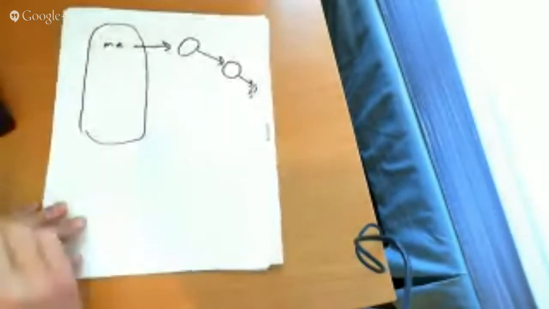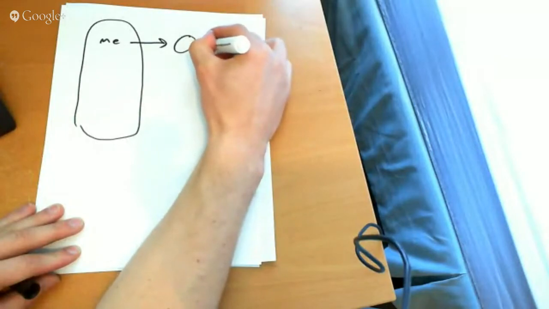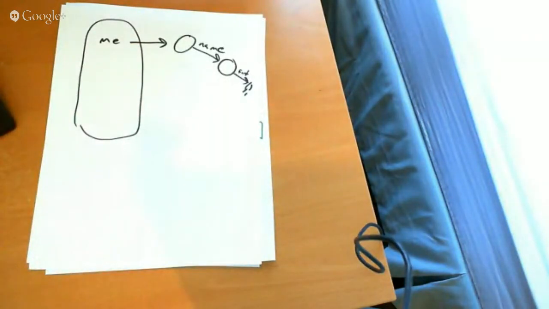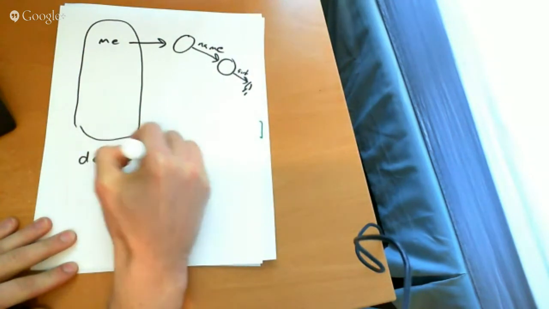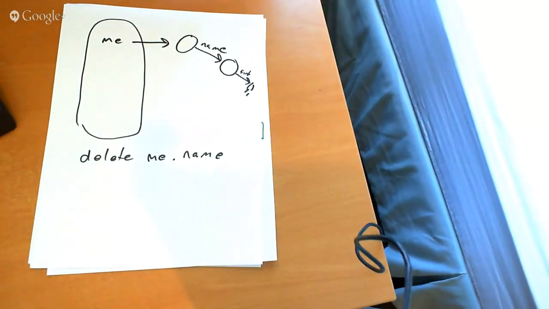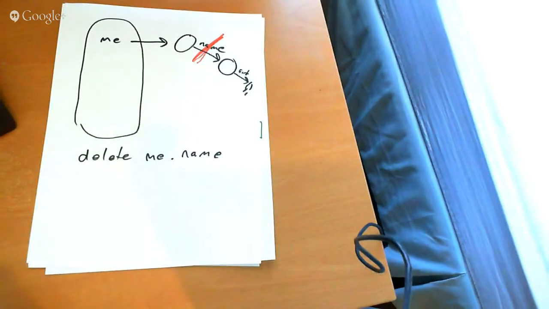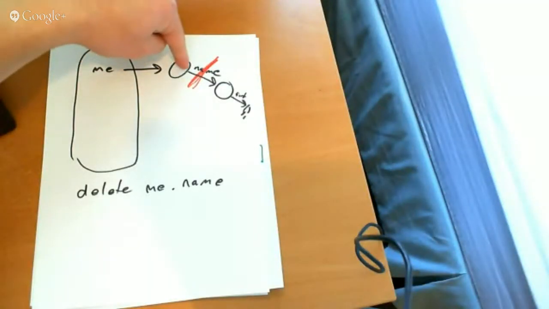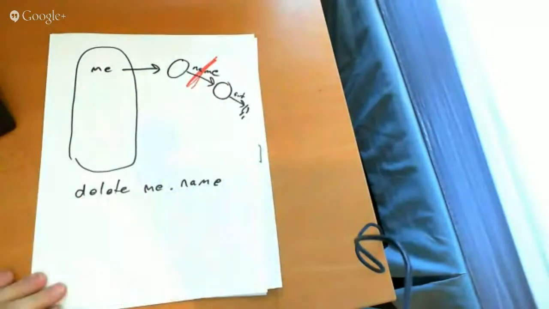This is the first, and this is the name. When we ran that code that deleted me.name, it just blows this reference away. So this object no longer has a name property, and that string is just floating around in memory.